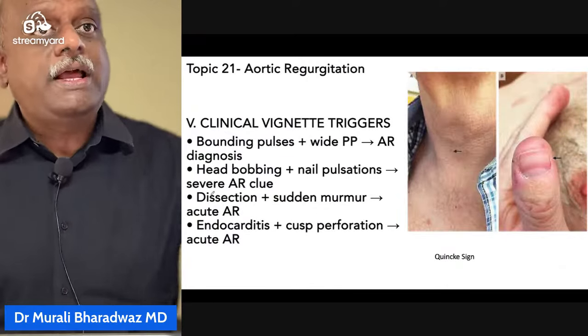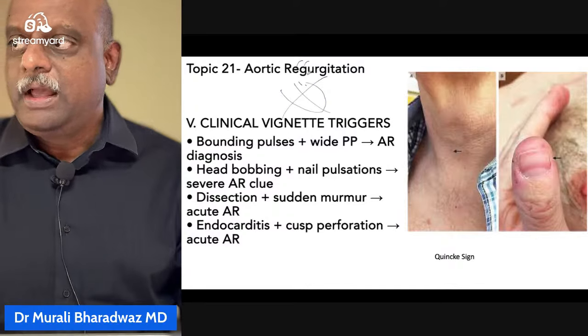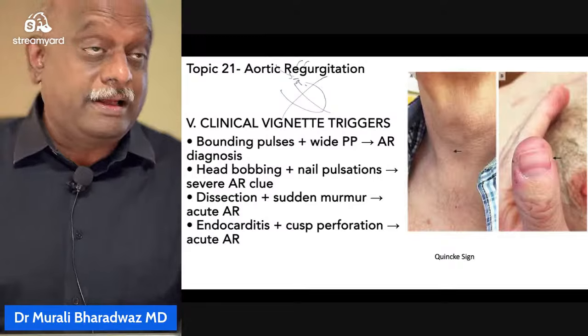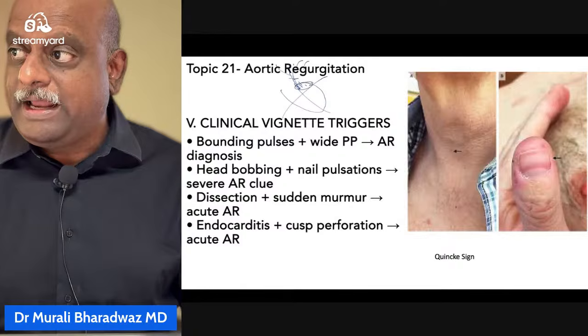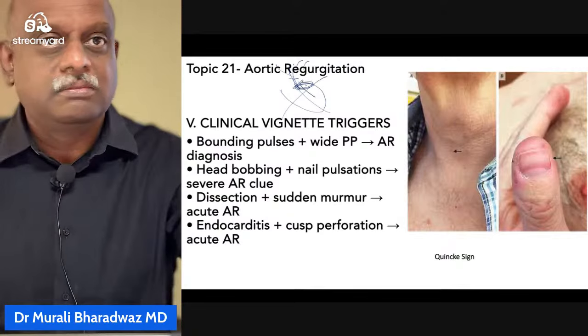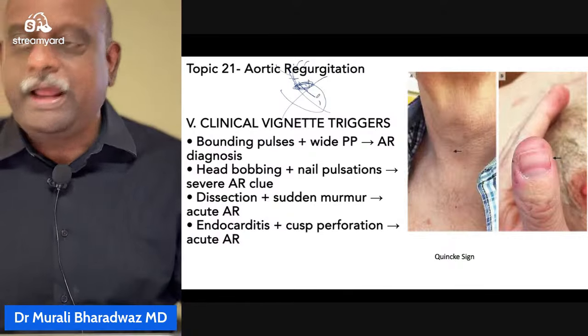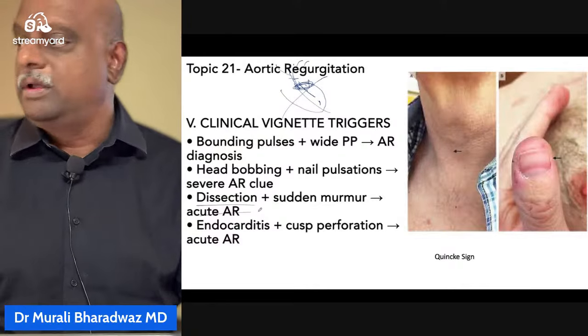So there is one more scenario where you get acute AR. Whenever there is any acute aortic dissection, the dissection blood will seep and lead to dilation of the aortic valvular ring, leading to acute AR. Right? Is what we need to remember.